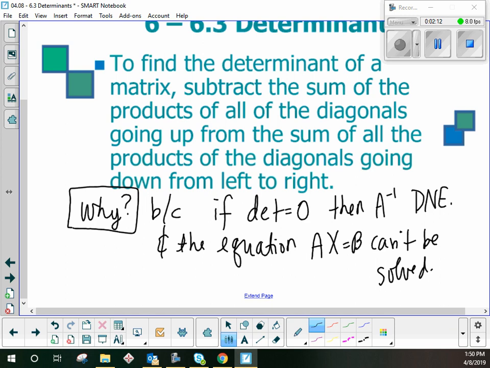The determinant will show us if the inverse even exists, because if it doesn't, we don't have to bother doing the math to find it. So the determinant will help us save some time and give us other kinds of information. And that's how I'm going to show you to solve for today.